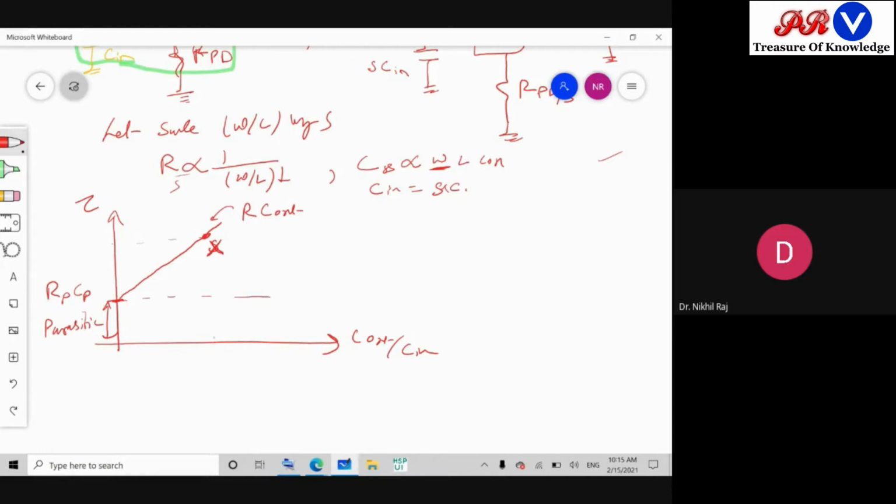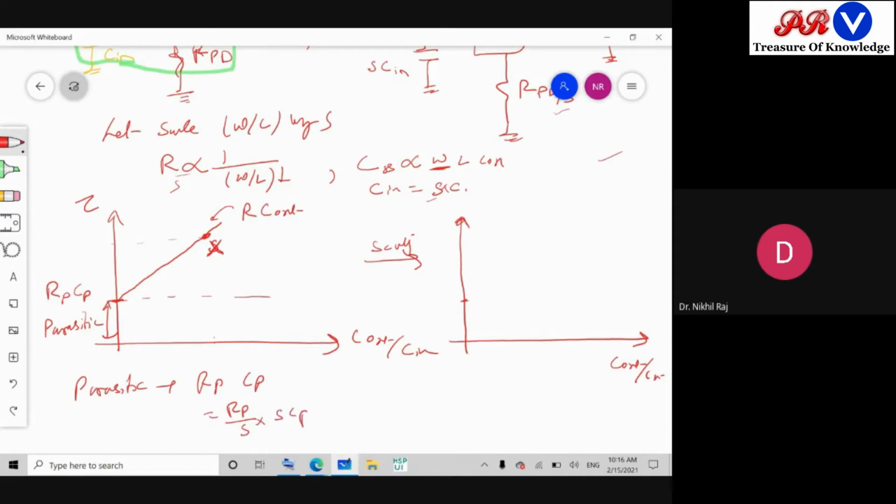Now when I scale by S, what will happen to this graph? Whether any change in parasitic will come? When we check the parasitic, it is RP into CP. When I scale the dimension of the MOSFET by S, the resistance gets divided by S and the capacitance gets multiplied by S, so it will be RP by S and S into CP.